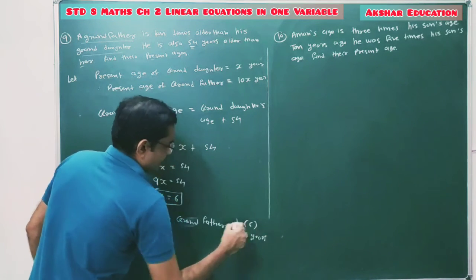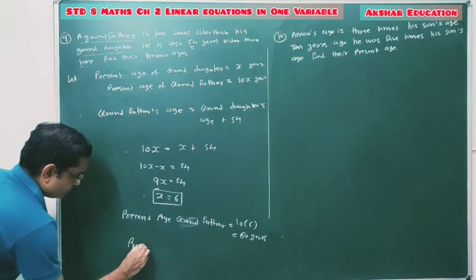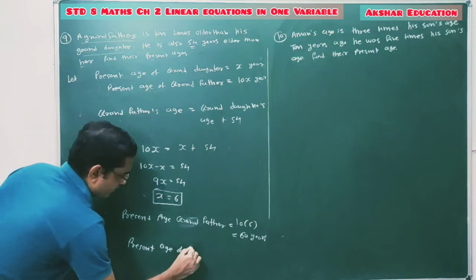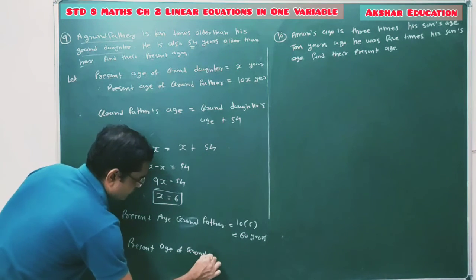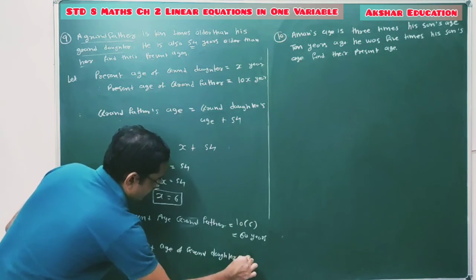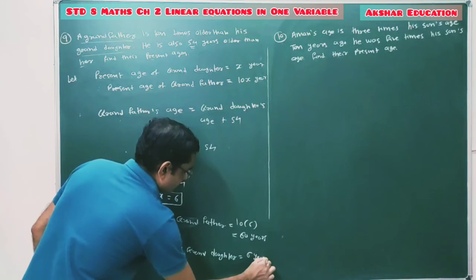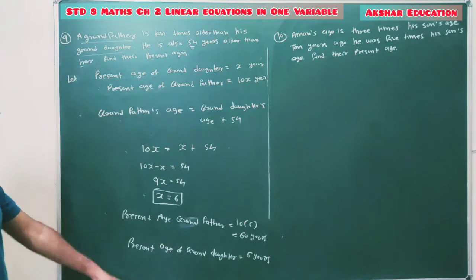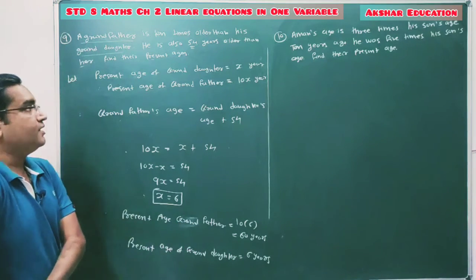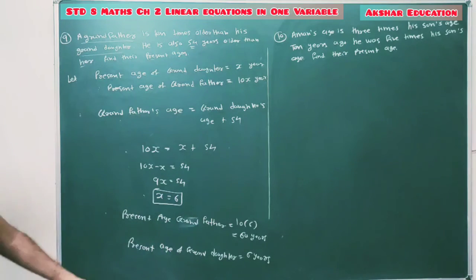And present age of granddaughter is x years. So it is 6 years. Done. So compare this relation. 6 years, 60 years. So we can say that grandfather is 54 years older than her.